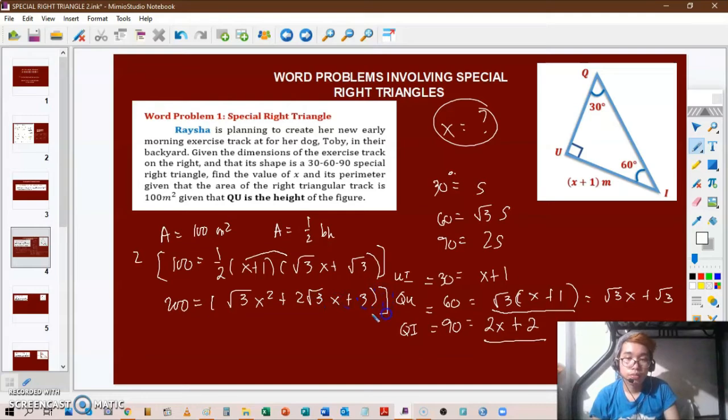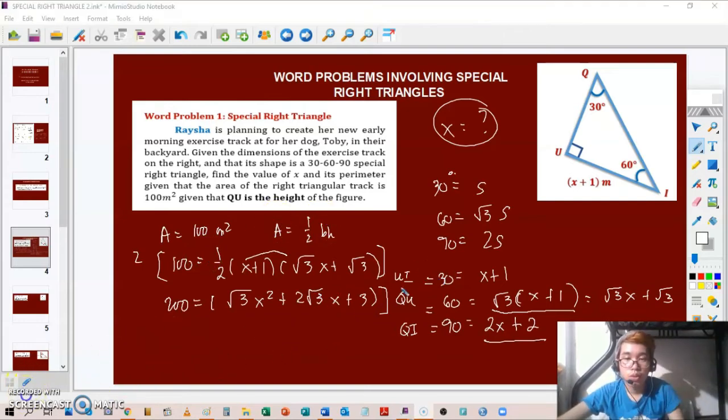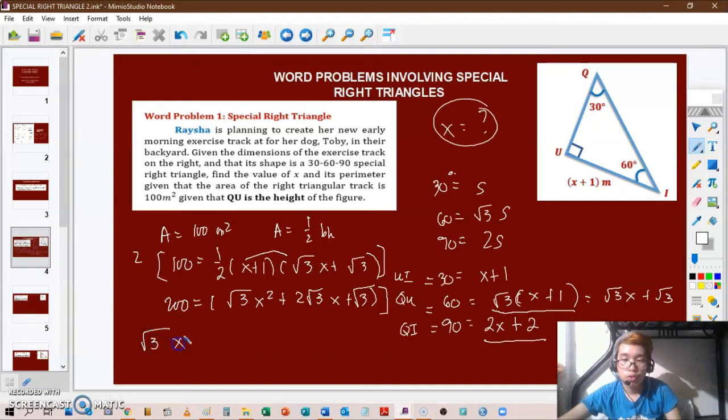Okay, so therefore we have this, and to solve, so this is square root of 3. To solve for the value of x, we have to equate this entire equation to 0. So this will give us square root of 3x squared plus 2 square root of 3x plus square root of 3 minus 200 is equal to 0.